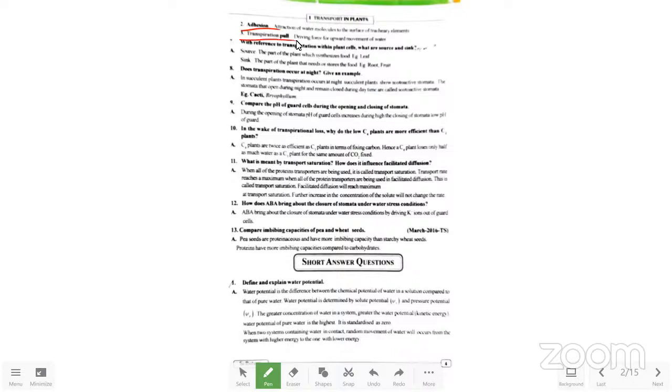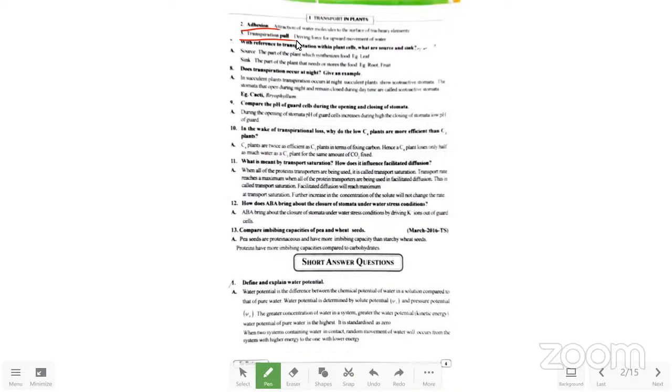Cohesion means attraction between two water molecules. Adhesion is attraction between the water molecules and the inner wall of the xylem tracheary elements. Transpirational pull is through which the water moves from the roots to the upper parts of the plant body. That is the one.